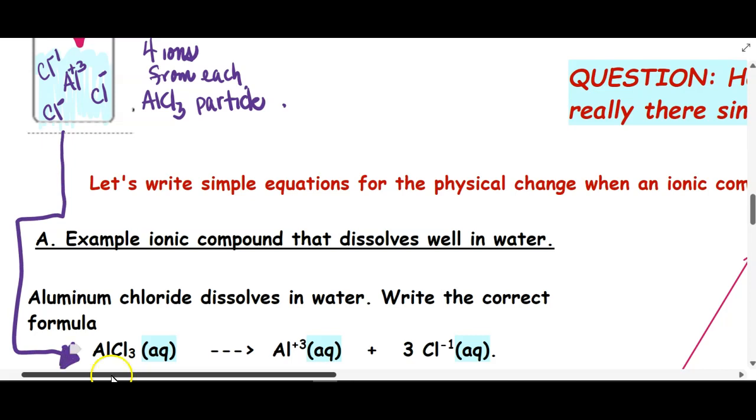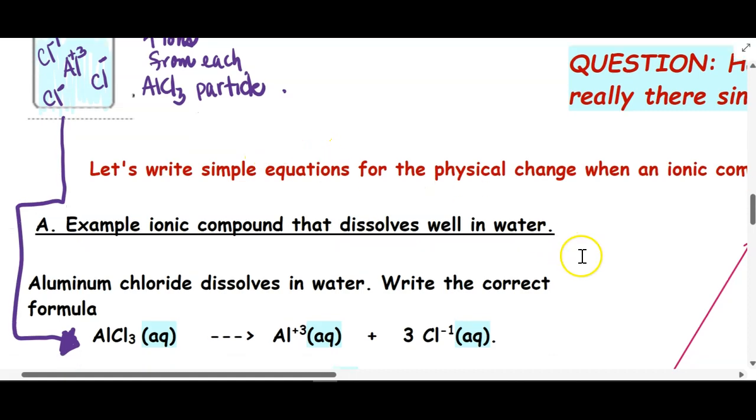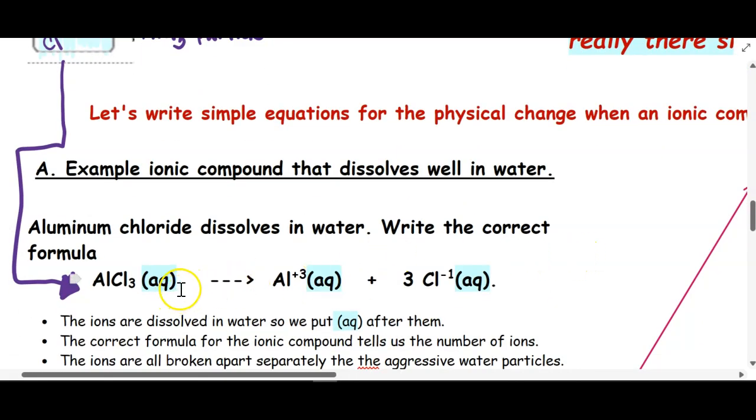When we put the aluminum chloride in, it immediately breaks up into these ions, I'm telling you, but we haven't proved it yet. So when we write the equation for this, we just indicate that it immediately dissociates. So what this is about is dissociating. AlCl3 dissociates because those water molecules are tearing it apart.